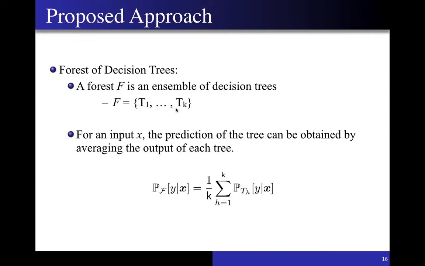The output of each tree is averaged to arrive at the final result. So this expression shows how the final result is computed. This would be the probability distribution predicted by each individual tree, which is averaged, and this gives us the final result, which is this P of F.